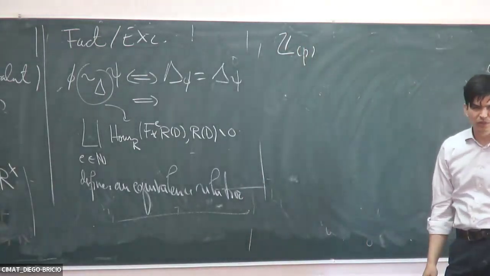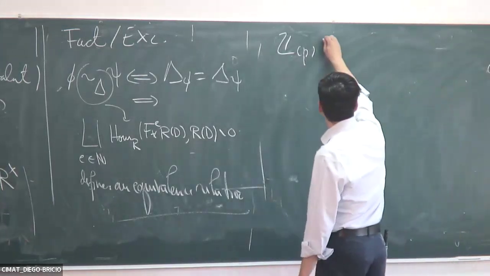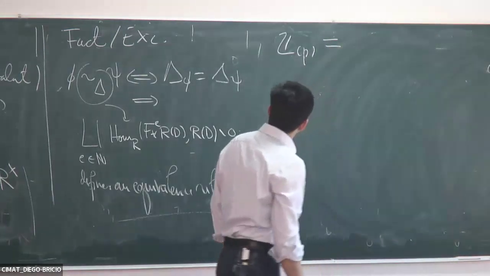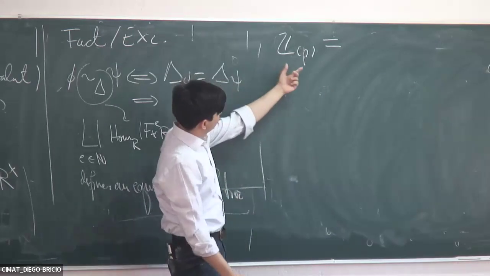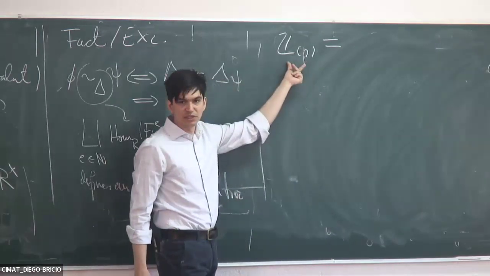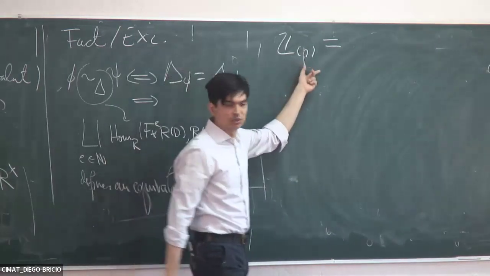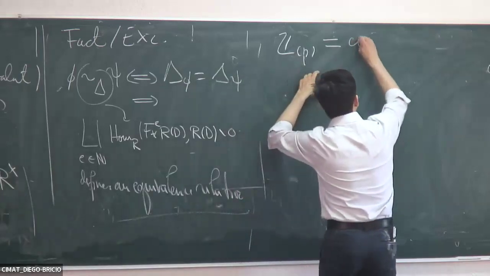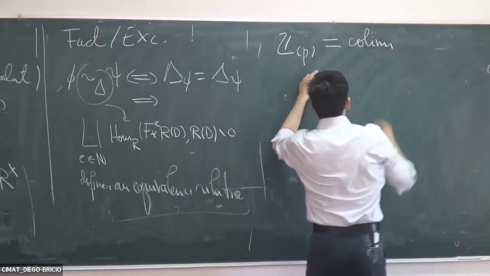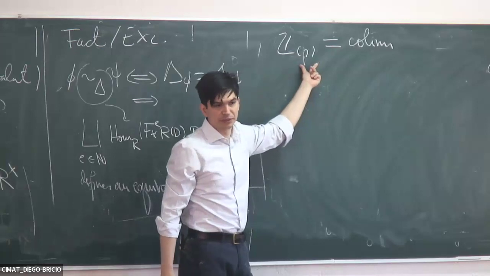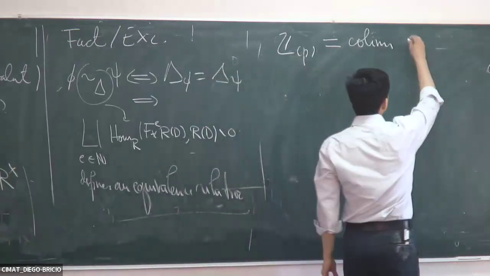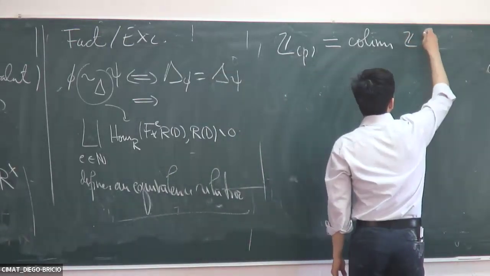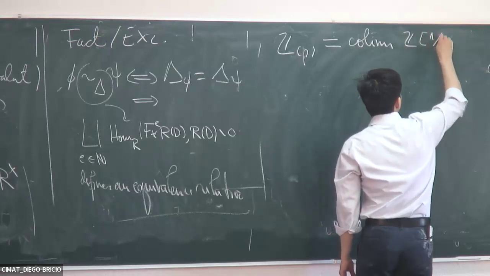What is this? Well, let's think about it geometrically, right? So this is the stalk of Z at the prime ideal P. So it is a colimit of the open neighborhoods around P. So in principle, what you do is that you look at all of these rings.